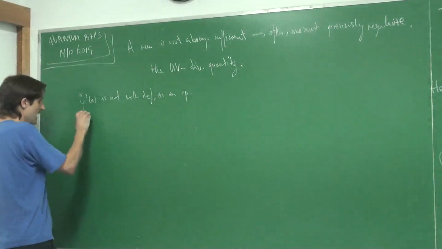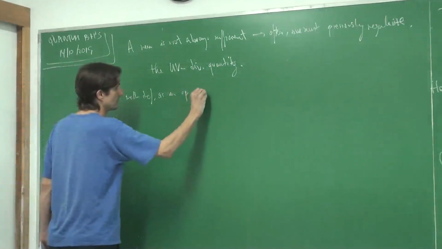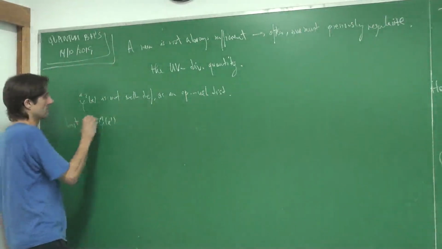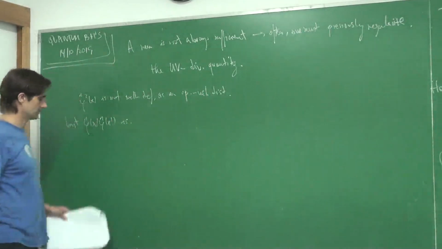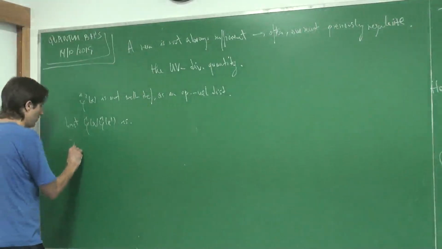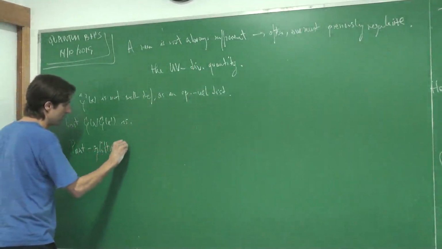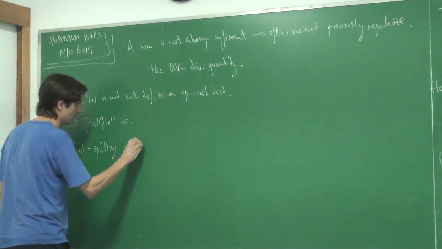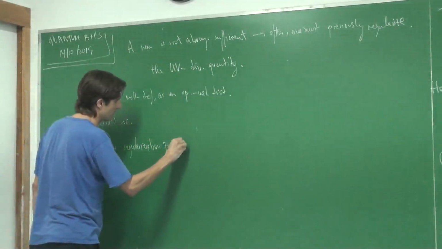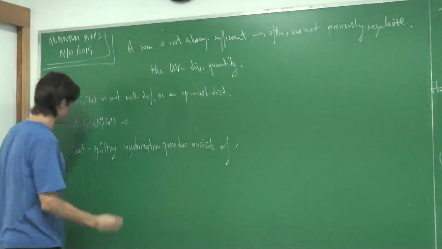And by phi(x prime), so the point splitting regularization procedure consists of doing the following.